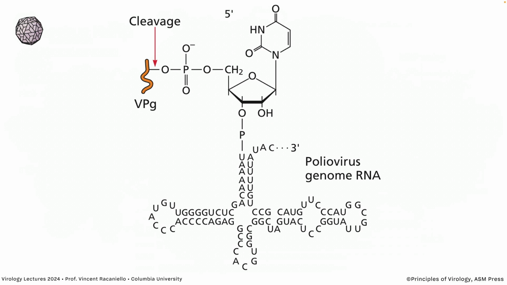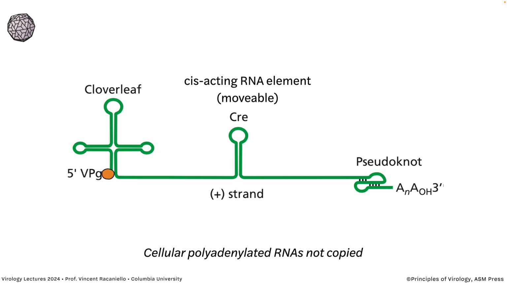And you can see that here. This is a uridine, so a phosphodiester bond. And then the rest of the genome is shown here. There's a cloverleaf structure at the 5' end, which is involved in RNA synthesis, as we'll see, and then the rest of the genome follows. So that's a covalent linkage between the viral protein and the RNA.